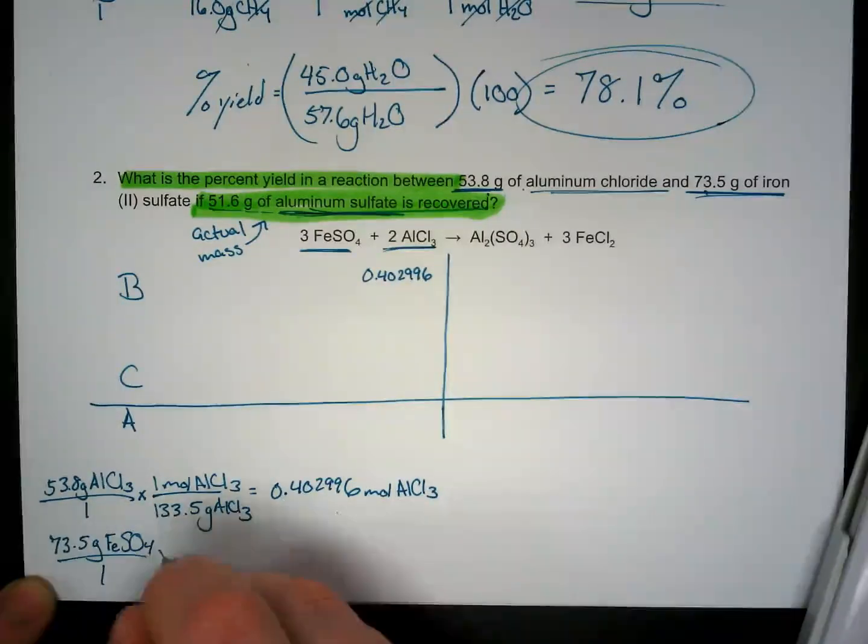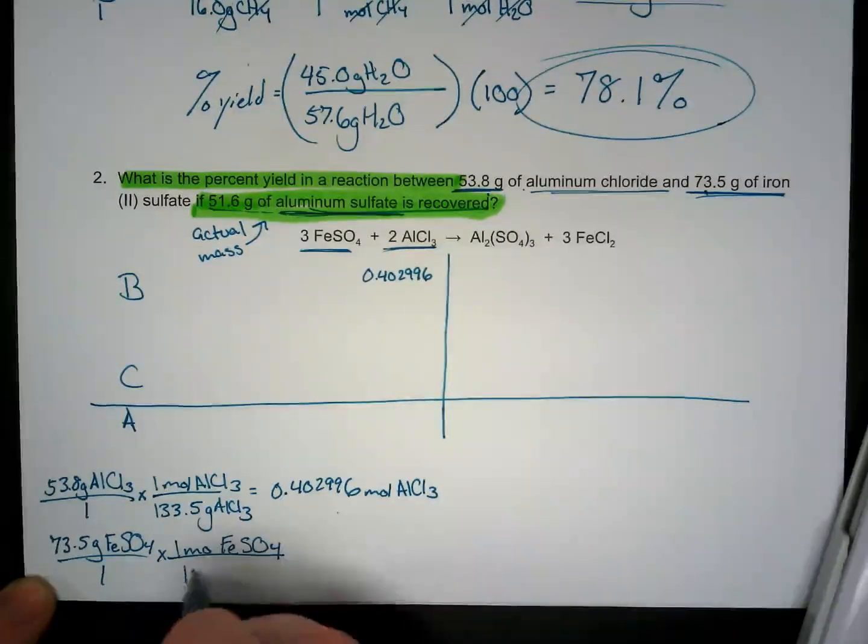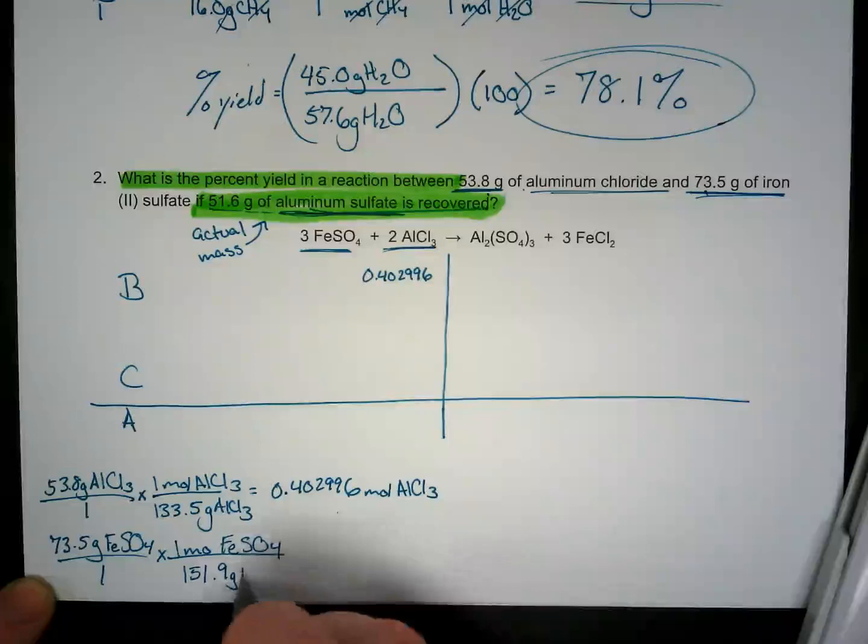So we've got to convert this to moles. In 1 mole of iron 2 sulfate, there's roughly about 151.9 grams of iron sulfate.